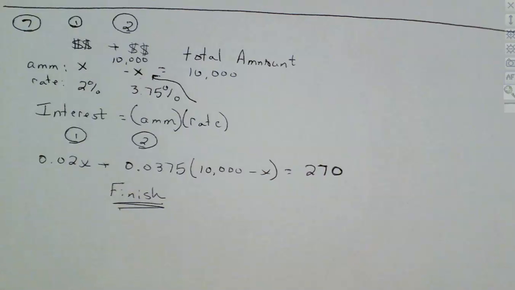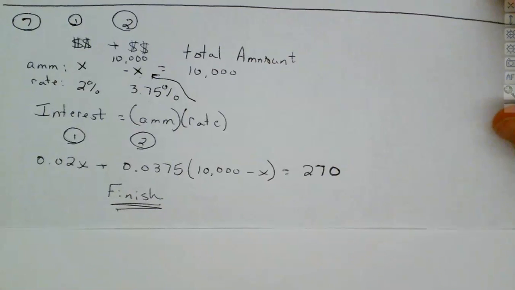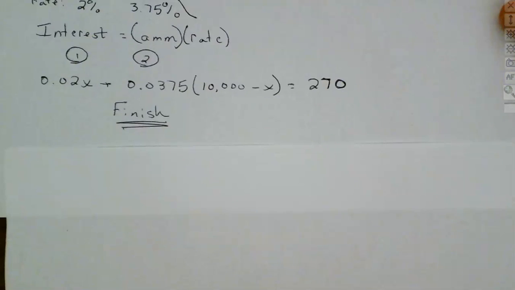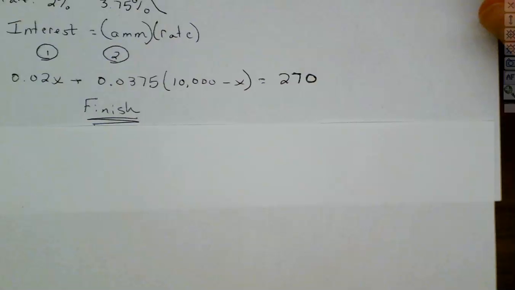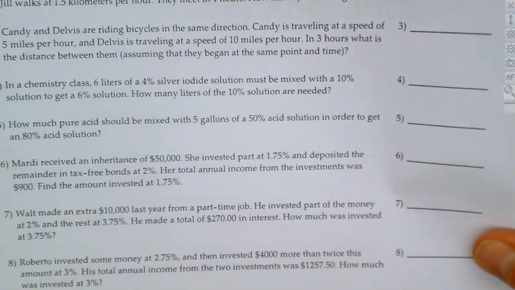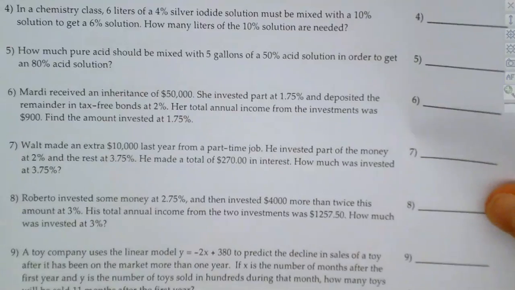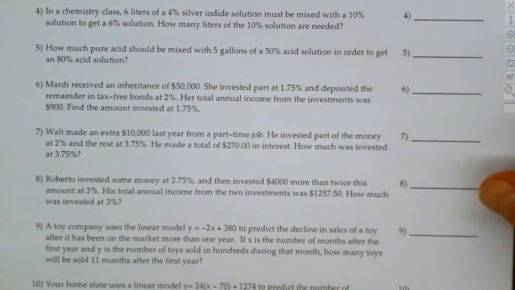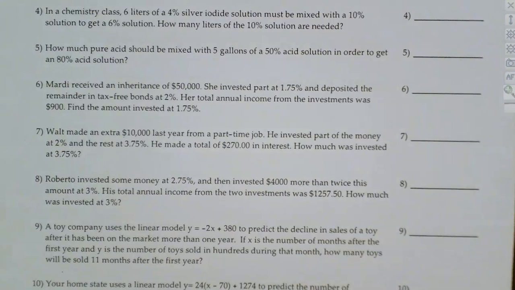And we've got two more, question 8 and question 9. So let's get back on track here. Okay, so question 8, a little bit different, but still same kind of concept. Again, we're going to be investing.